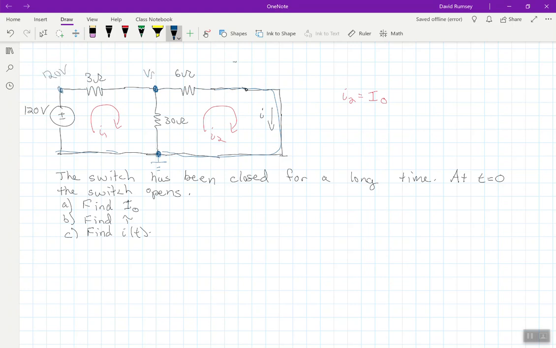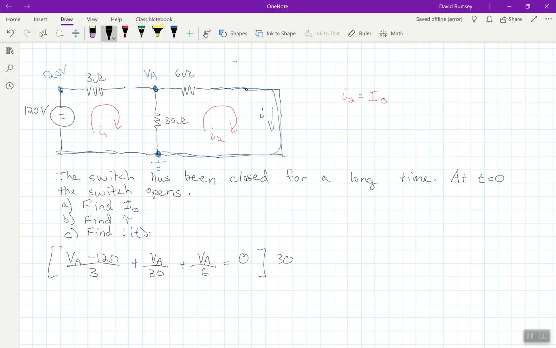I'll just label this as VA, and I'm going to find VA. So I have VA minus 120 over 3, plus VA over 30, plus VA over 6, and that's equal to 0. Then, of course, multiply this by 30 to clear out everything.